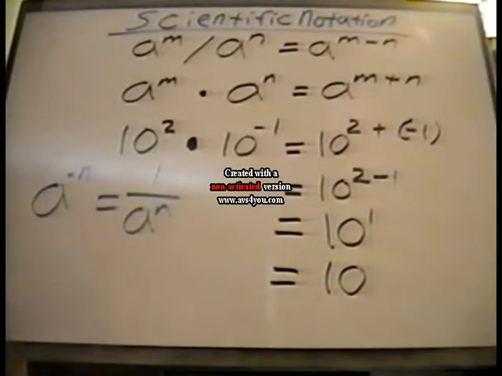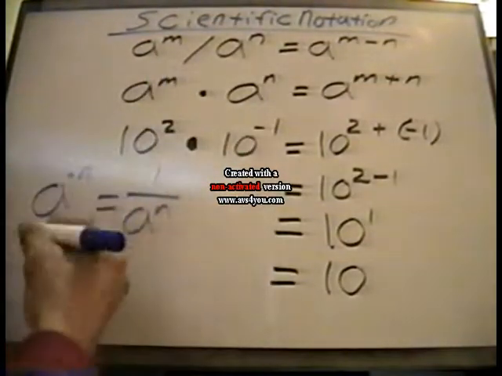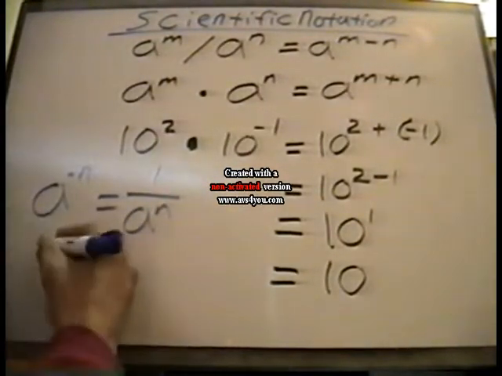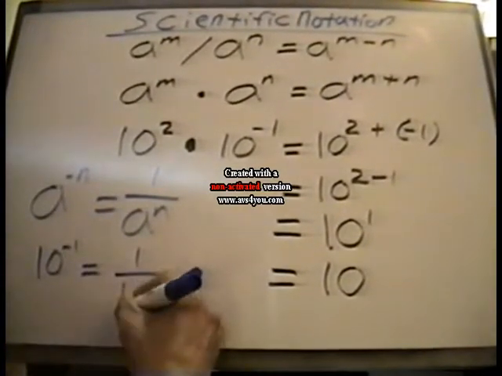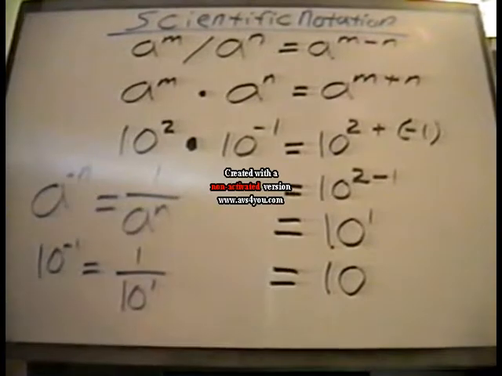So here, 10 to the power of negative 1 is going to equal 1 over 10 to the power of 1, or 1 divided by, or 1 over 10.